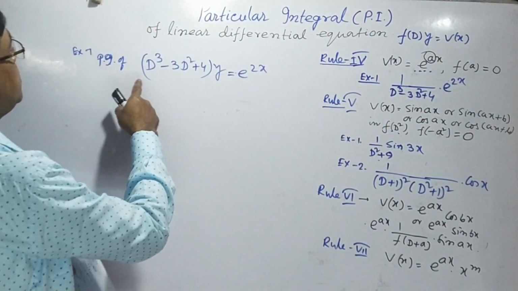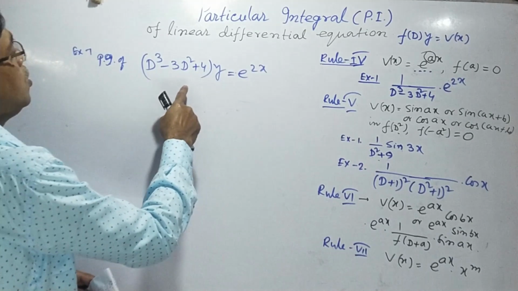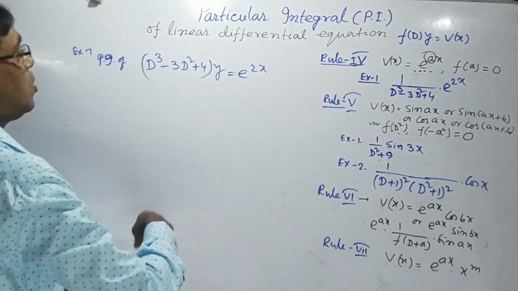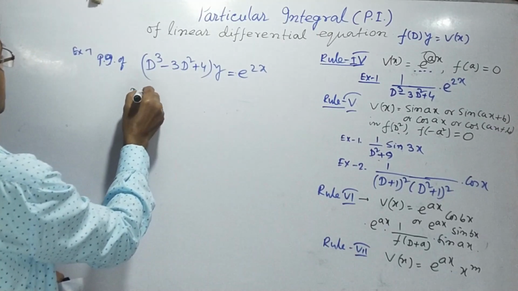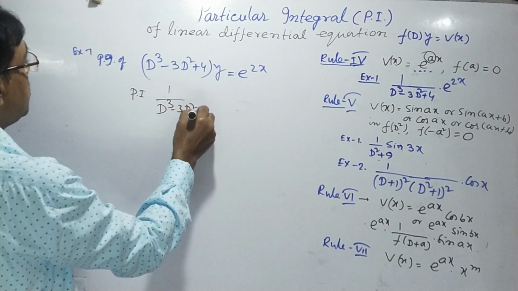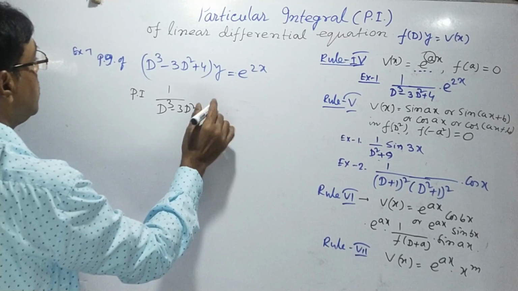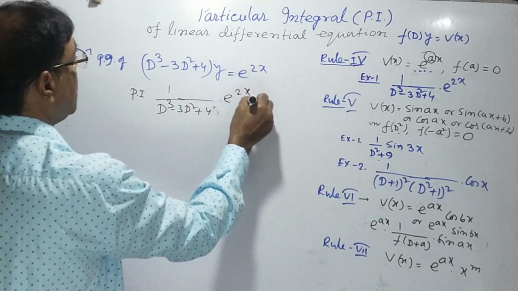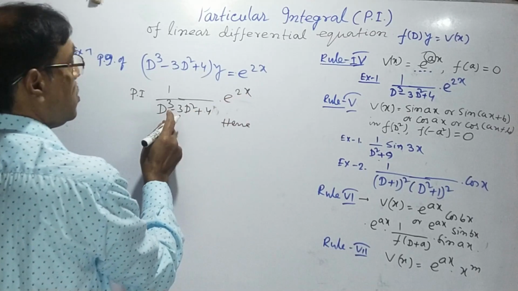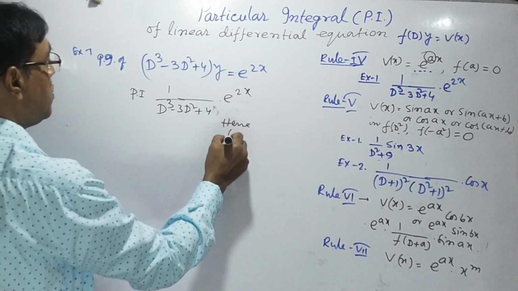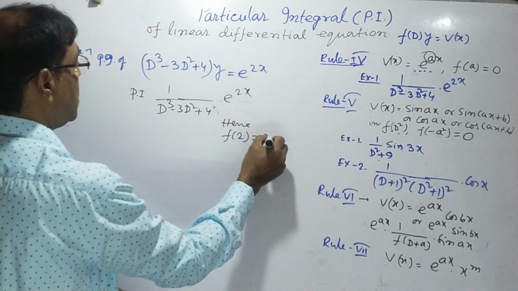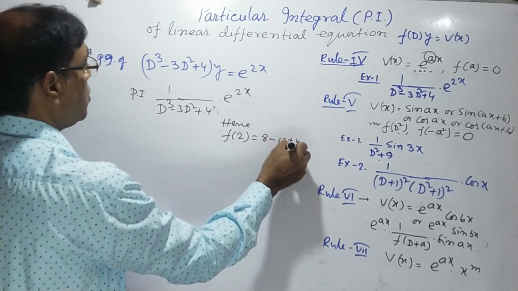Rule 4: to find the PI of the differential equation which is of the form where f(a) equals 0, to find the PI of 1 by (D cube minus 3D square plus 4D plus 4) e to the power 2x. Here f(2) equals 8 minus 12 plus 4, which is 0.